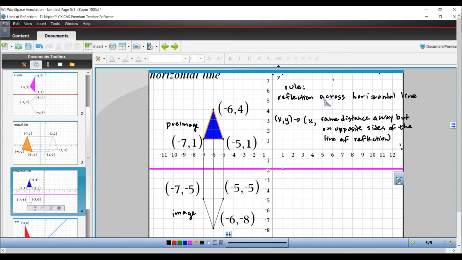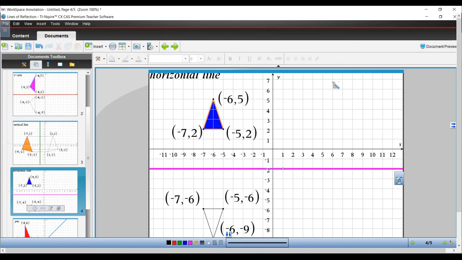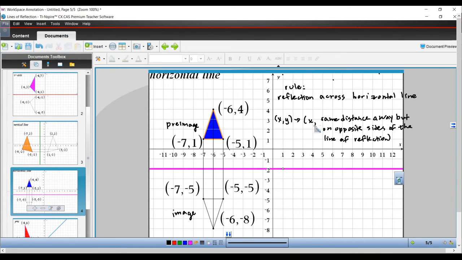So if we were to take a look back at what we had before, same distance away on opposite sides of the line of reflection, does that sound familiar? When we reflected over the vertical line, that's what happened with the x's, and the y's stay the same. When we reflect over a horizontal line, the x's stay the same, and the y's are the same distance away, but on opposite sides, right?